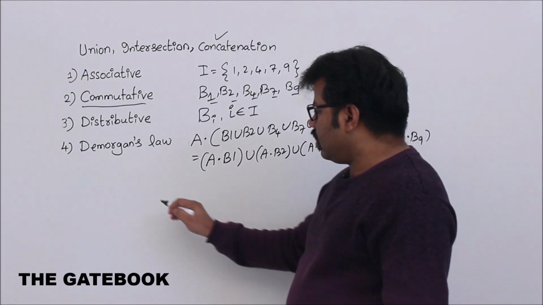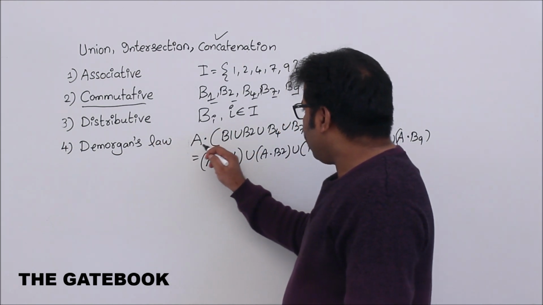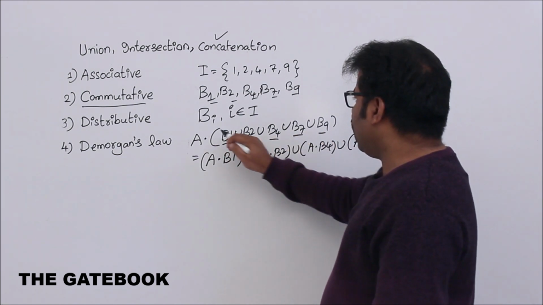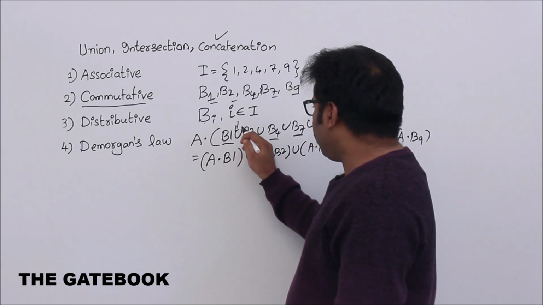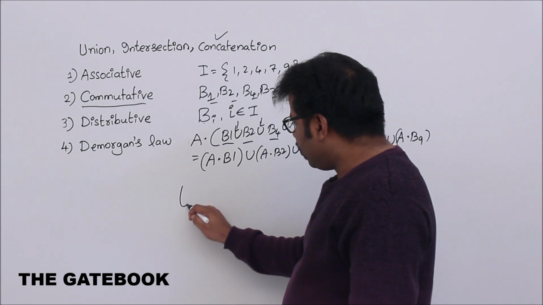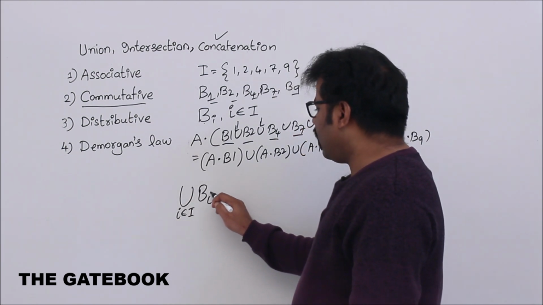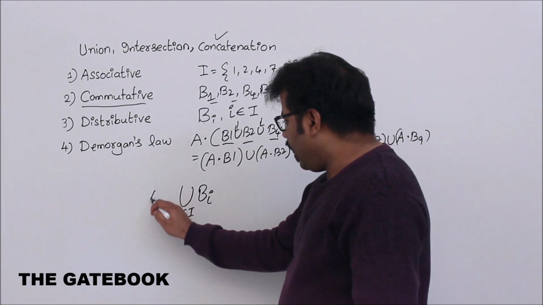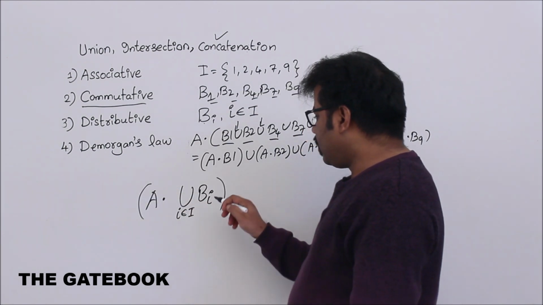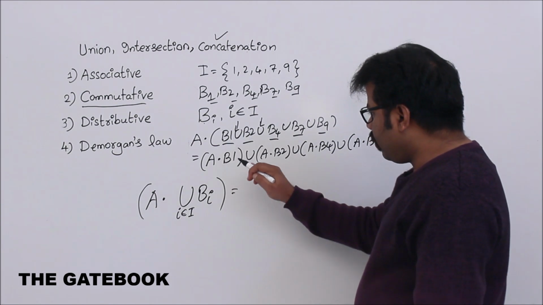So let me write a formal notation. Because we know that all these sets can be represented with a single variable Bi, and we have union between them, this entire B1 to B9 union can be written as the union of Bi over i belongs to capital I. So that's an advantage. Now A dot this entire union of all the B sets equals, according to the formula, A dot B1 union A dot B2.